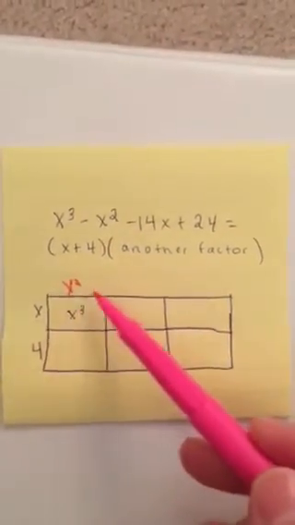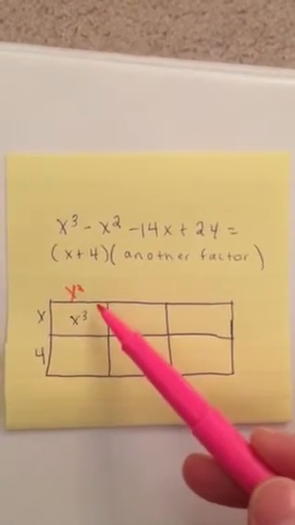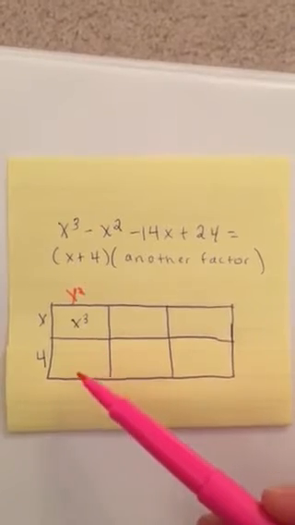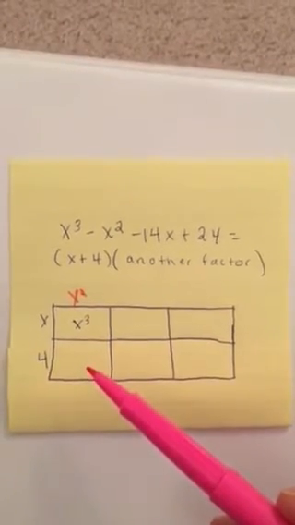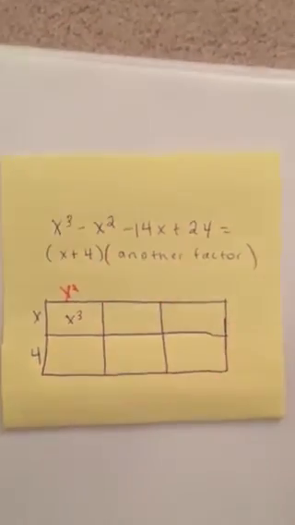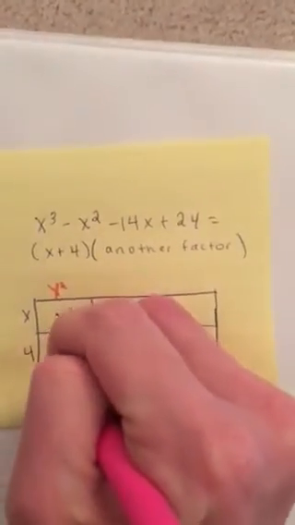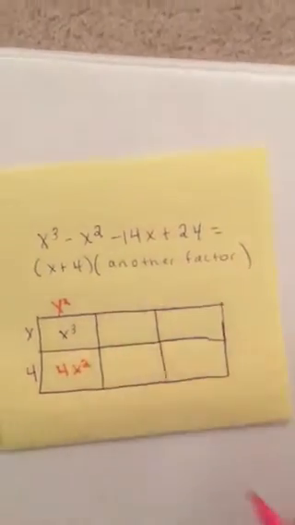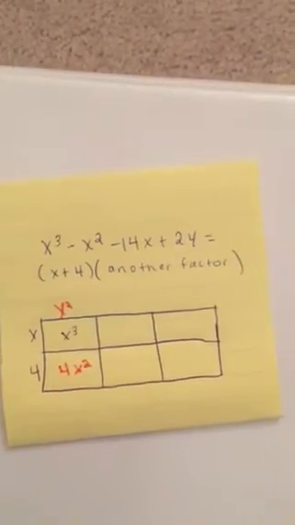Now, if this is the length of this little part of my rectangle, then this piece here must be 4 times x squared, which is 4x squared. So this should be 4x squared.